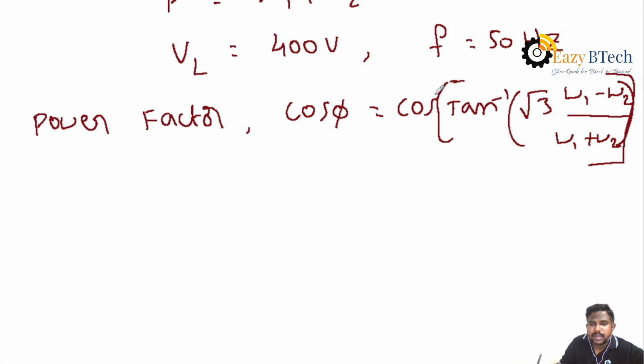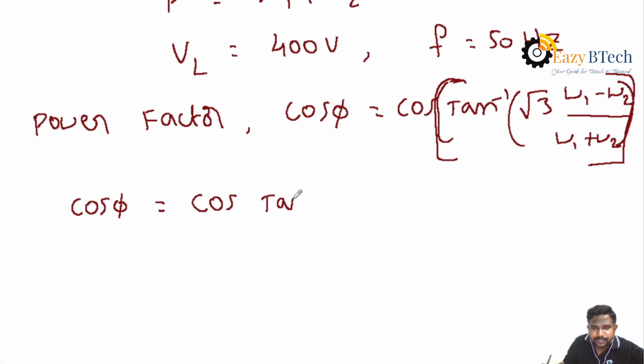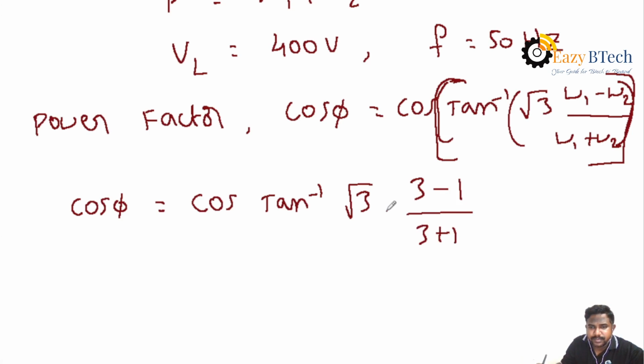So this is the formula for the power factor. We already know the values of the 2 wattmeters, so it is cos of tan inverse of root 3 into (3 kilowatts minus 1 kilowatt) by (3 plus 1).